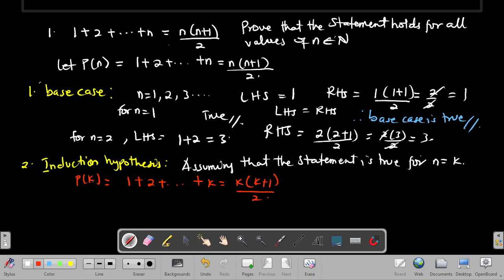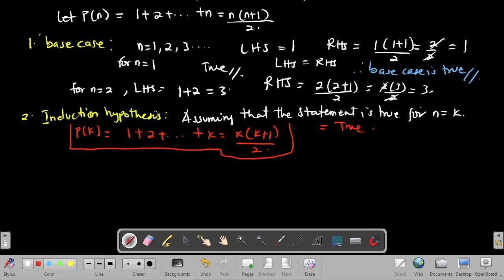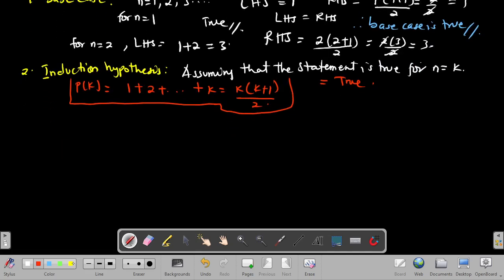Now we are saying that this statement that you see here is perfectly okay. That ends the induction hypothesis, as simple as that. You can clearly see we tested for the base case, then we came to the induction hypothesis. Now let's move to the main step, which we call the inductive step.